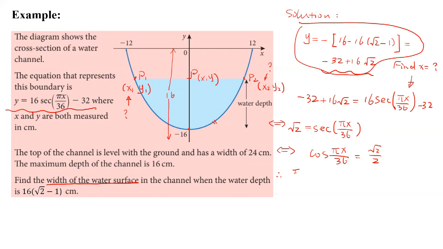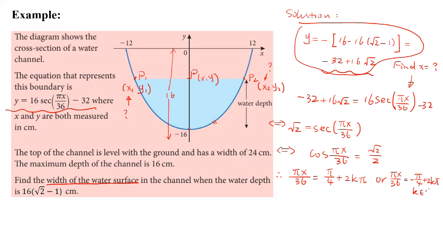Therefore, pi x over 36 is, so first of all, we can find an angle in one of the cycles, right? So this angle could be a quarter pi, but in order to find all the values, we need to add 2k pi, right? Or pi x over 36 can also be minus a quarter pi plus 2k pi, right?